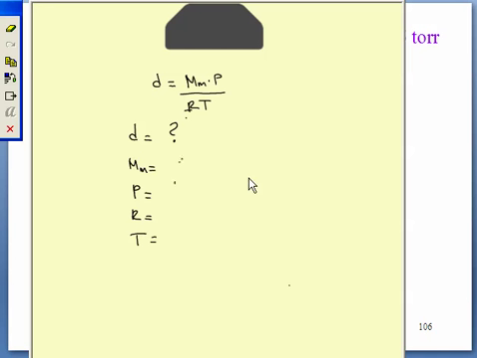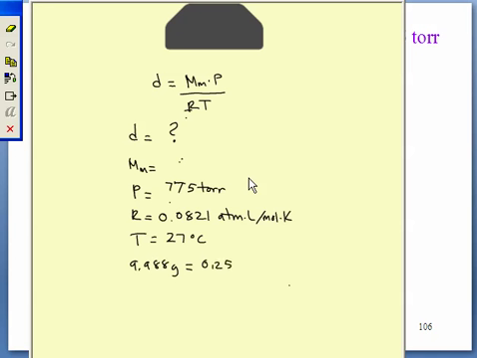My pressure, I'm given 775 torr. R we know is 0.0821 atmospheres liters per mole K, and then the temperature is given as 27 degrees Celsius. I'm also given that 9.988 grams is equal to 0.250 moles.